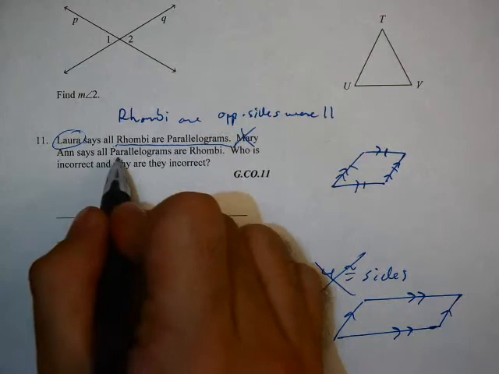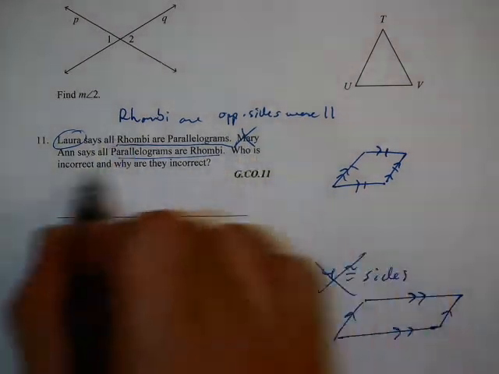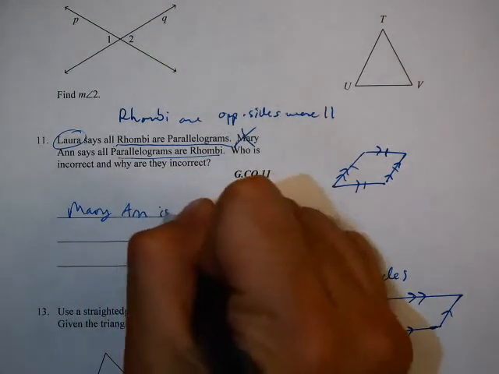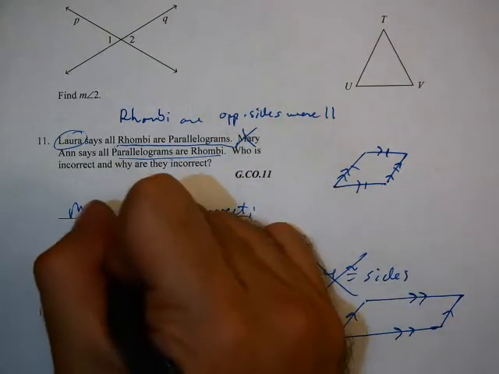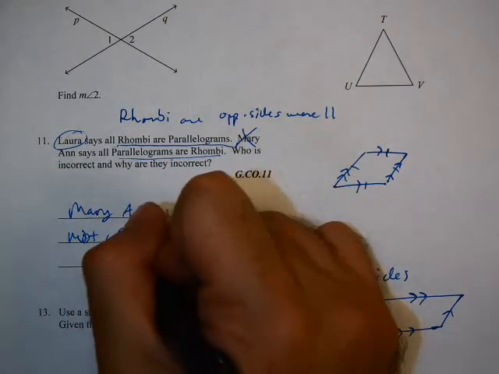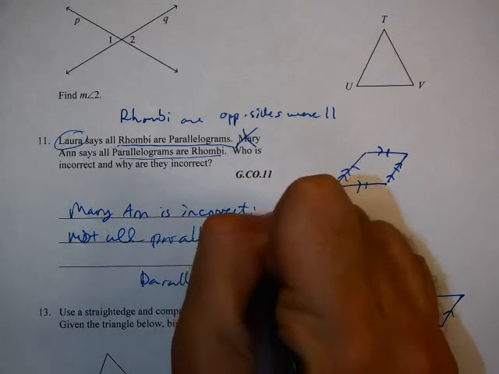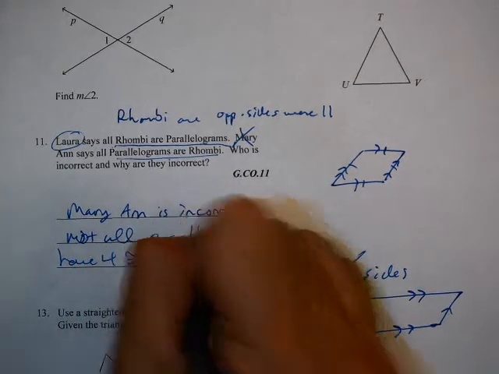Marianne, though, said the opposite, which did not work. So it says, who is incorrect and why? Marianne is incorrect. Not all parallelograms have 4 congruent sides.